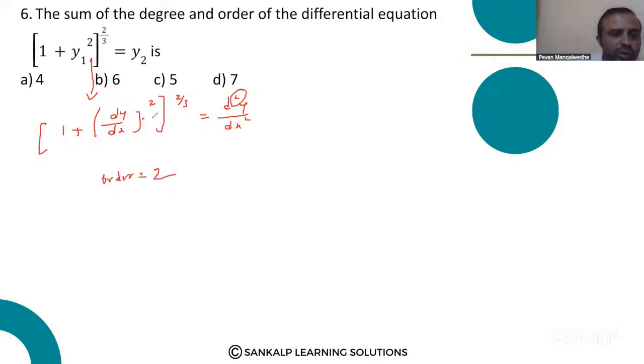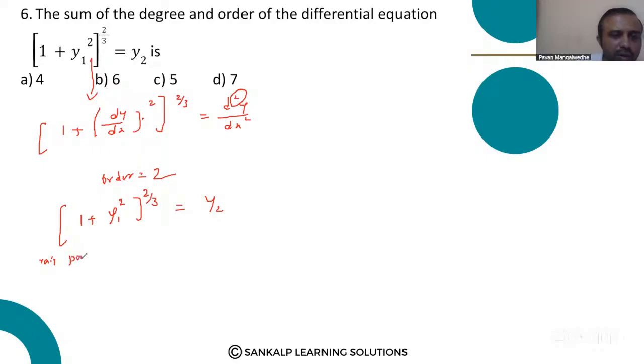So next is to find the degree. Let me try to find the degree. The equation is 1 plus y1 squared, raised to 2 by 3, which is equal to y2. Raise the power by 3 on both sides.